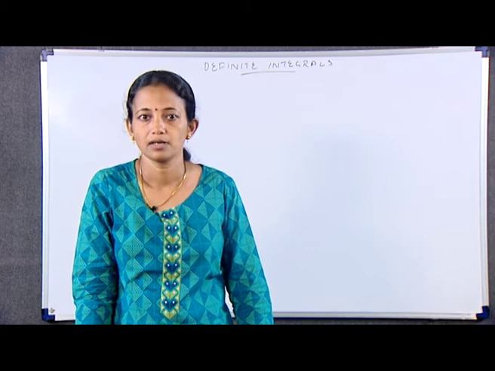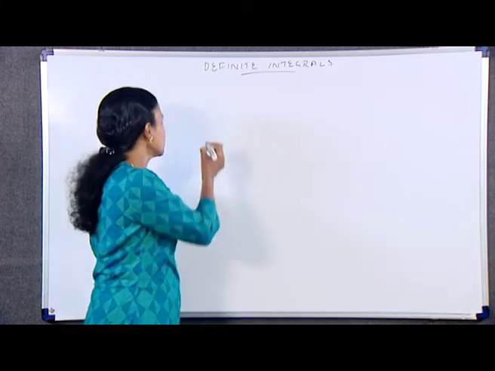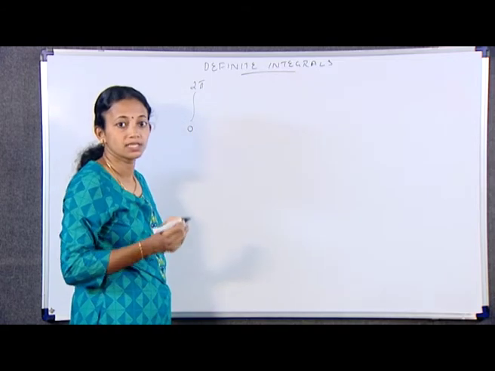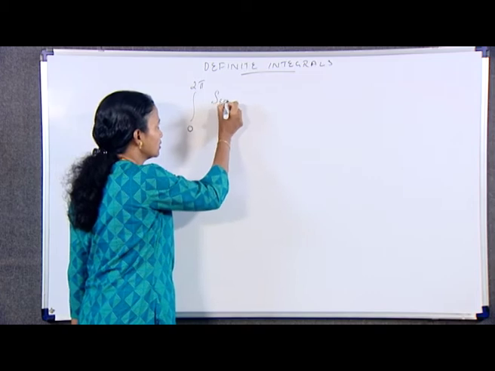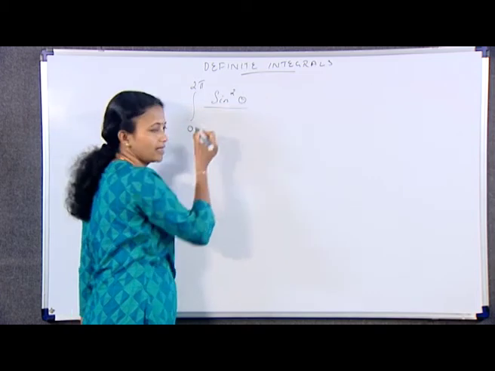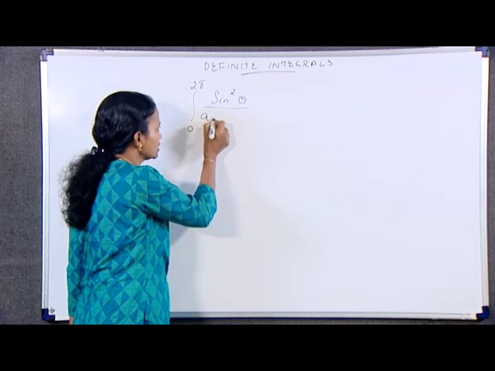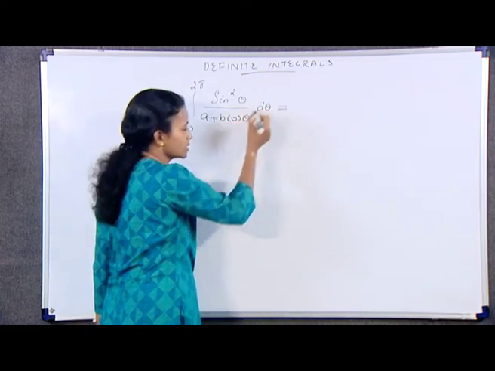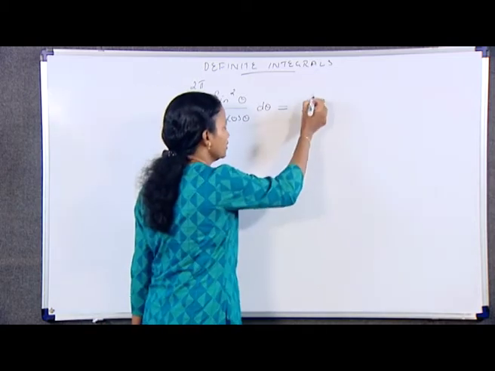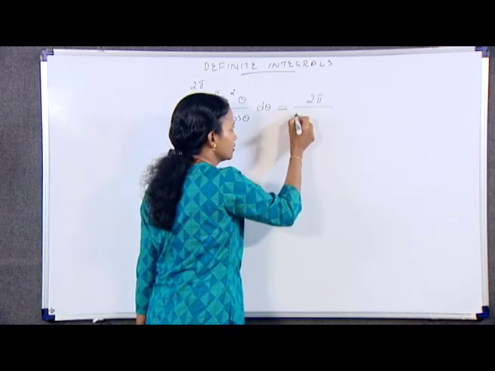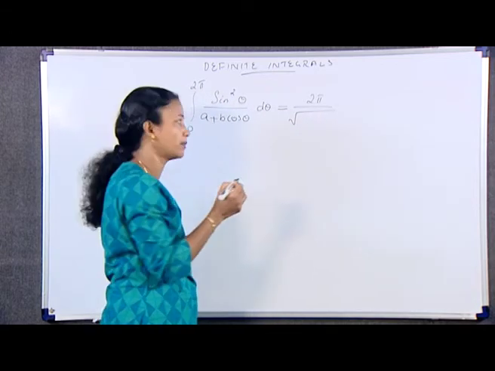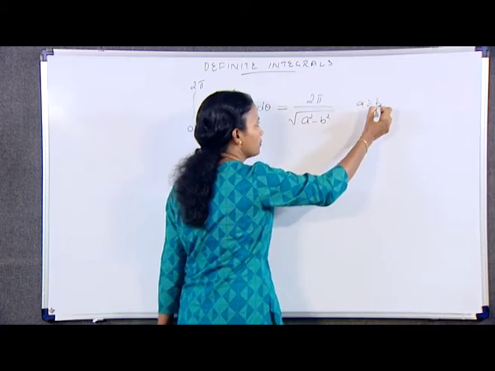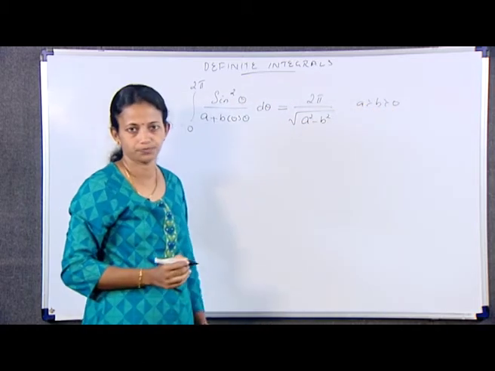Next example, that is integral 0 to 2 pi of sin square theta divided by a plus b cos theta d theta is equal to 2 pi by square root of a square minus b square, where a is greater than b greater than 0.